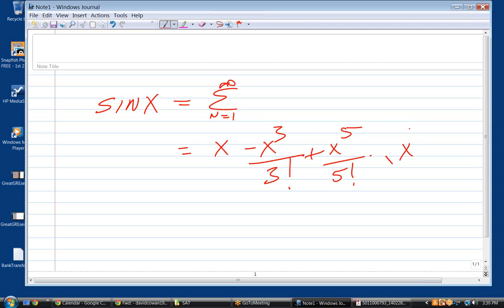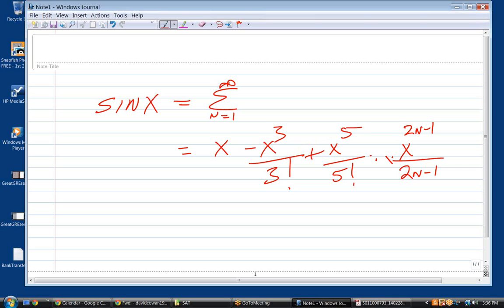So this is x to the 2n minus 1, or is it 2n plus 1? I don't know that part. The nth term. All right. This is the Taylor series for this function, calculated in a very specific way, which you know exactly how to do.